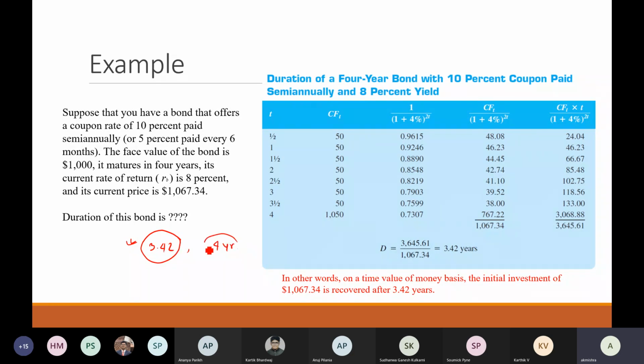But your bond still has some life, the bond is of 4 years, right? So when you know duration, you know when you are going to get your investment back. And where is this duration concept going to help you? Duration will help you to match your liability with your investment duration.